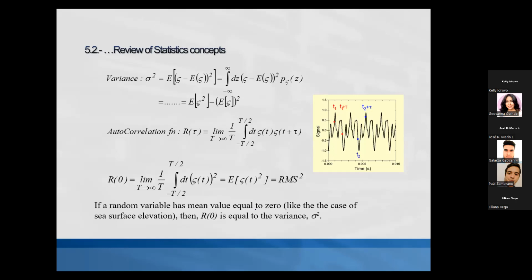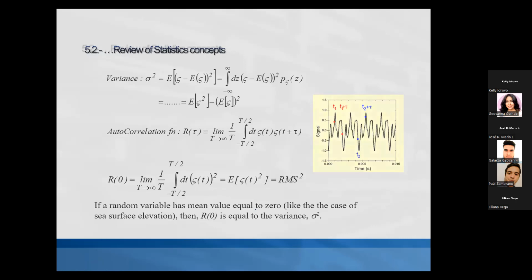So if we go on and see this expression, if this value here, the mean of the variable, is 0, that means that the variance sigma squared is equal to the mean square. And this is equal to the RMS squared, which is equal to the autocorrelation at tau equal to 0. So if the mean value is equal to 0, then the variance is equal to the mean square, and that's equal to the autocorrelation at tau equal to 0.